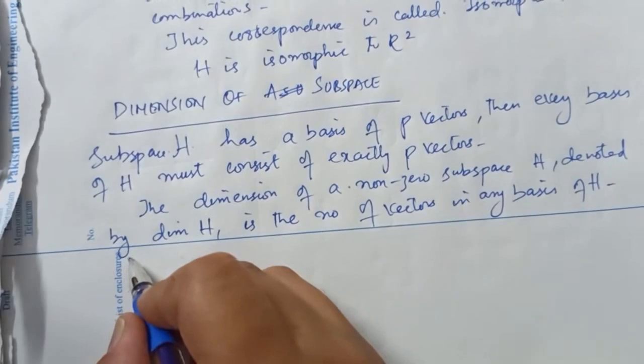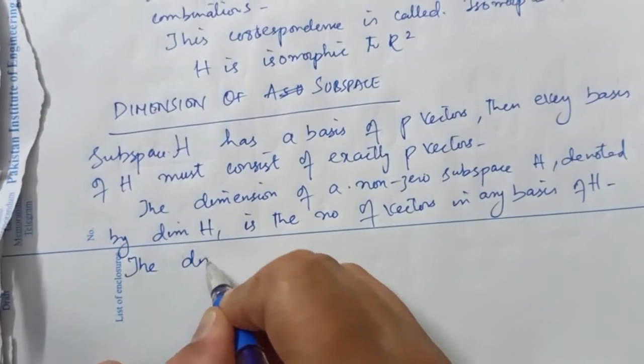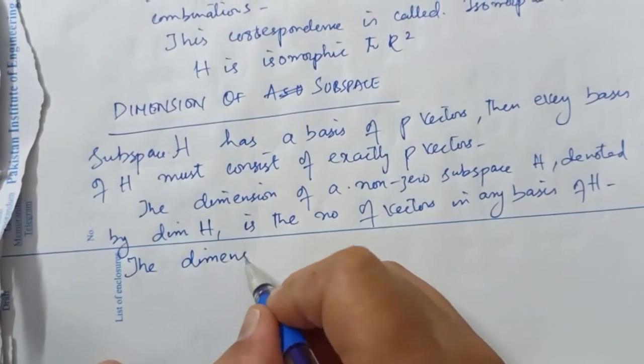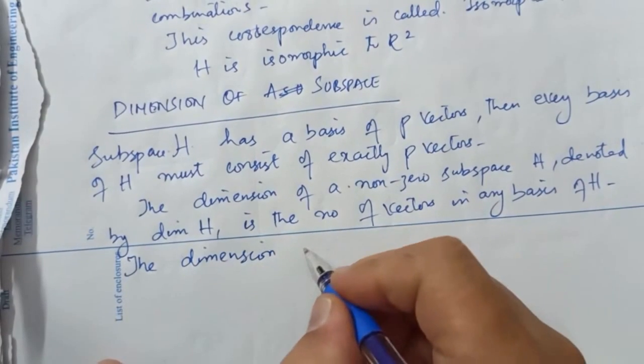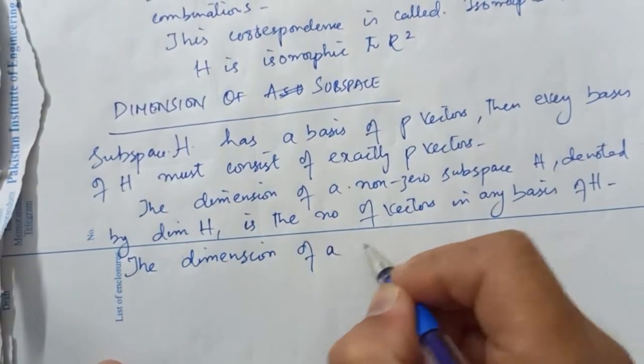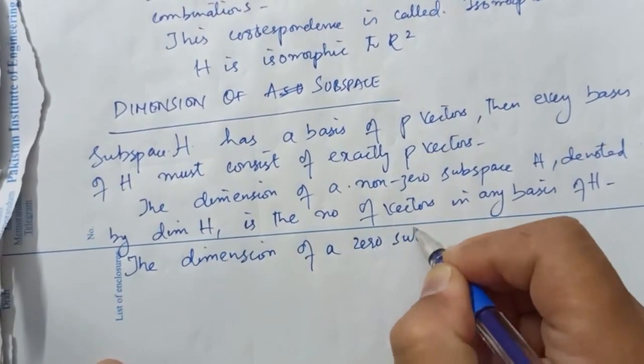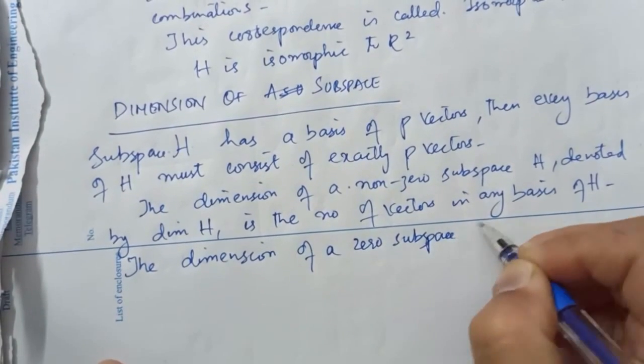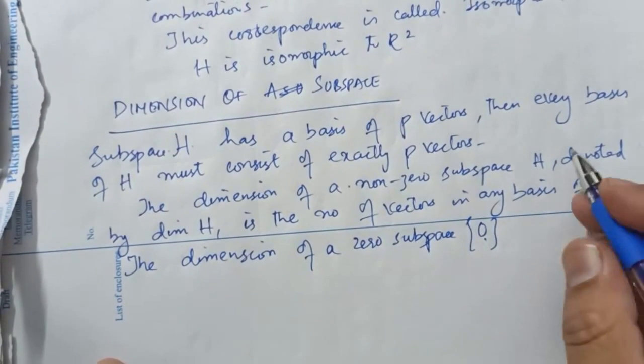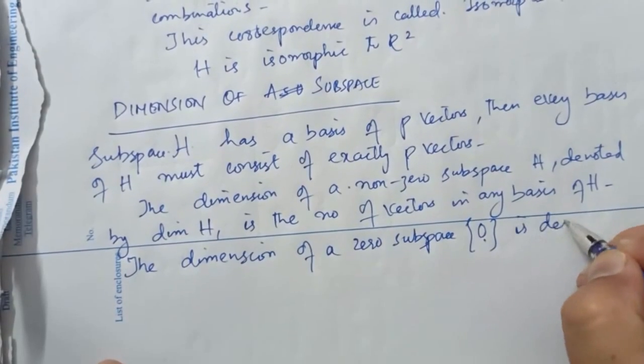The dimension of a zero subspace, often denoted by 0, is defined to be 0.